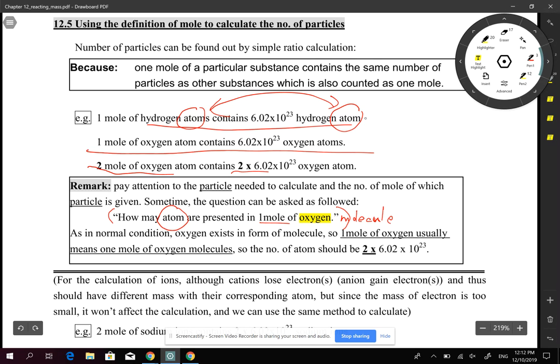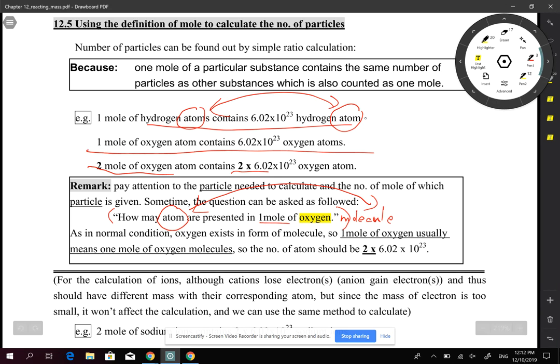I've told you that if you are talking about a substance, an element, it should be those particles which can exist in the natural environment. So for oxygen, it must be oxygen molecules, because in the air, oxygen is present in the form of molecules. But what is the relation between molecules and atoms?